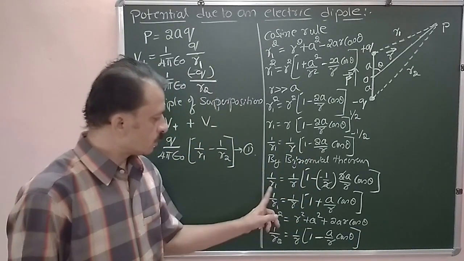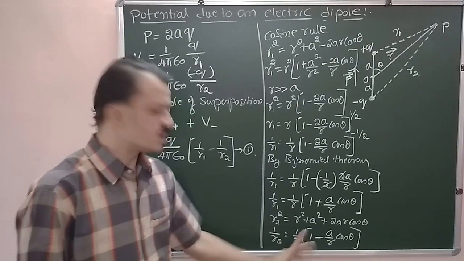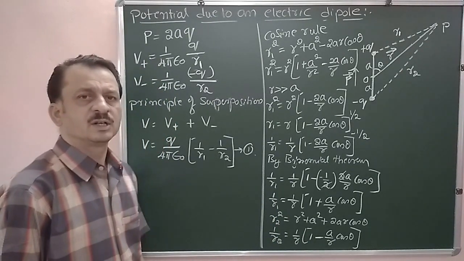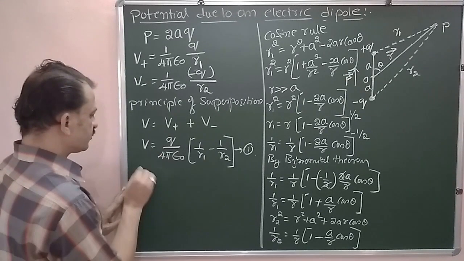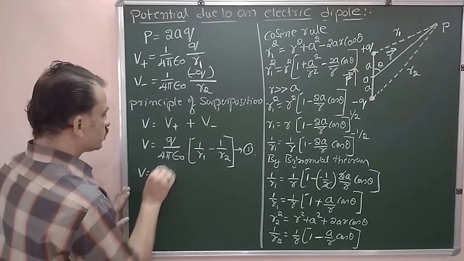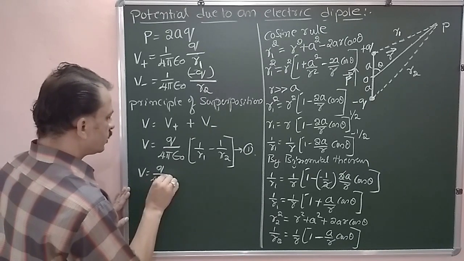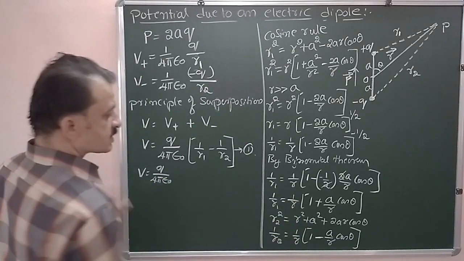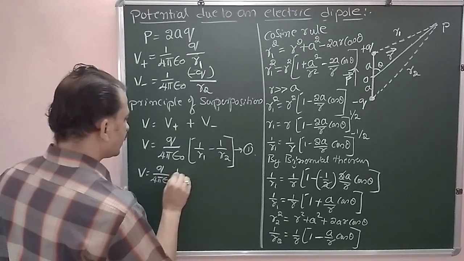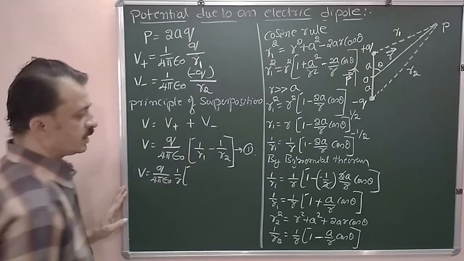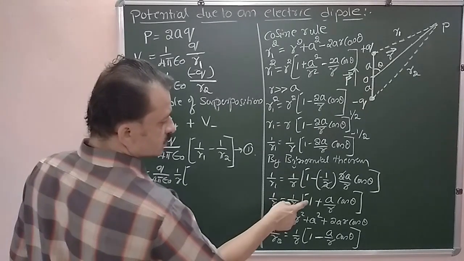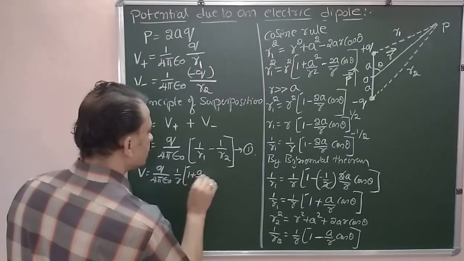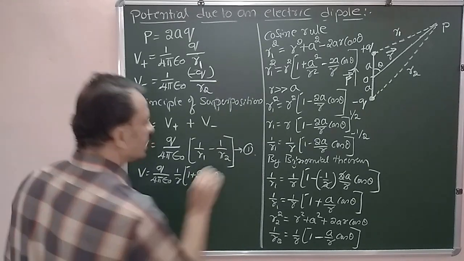Okay, 1 by r1 is this one and 1 by r2 is this one. Now substitute these two values in equation 1 and simplify. You will get the expression for the potential. V is equal to q divided by 4 pi epsilon naught into, now 1 by r is common here, so let me take 1 by r common outside. Now 1 by r1 is 1 plus a by r cos theta.